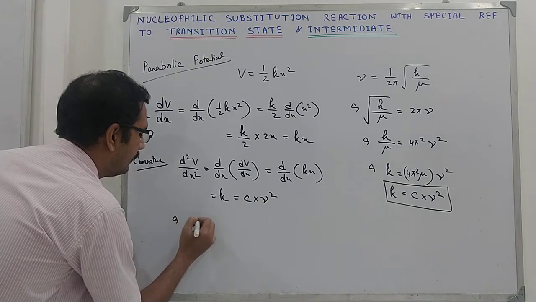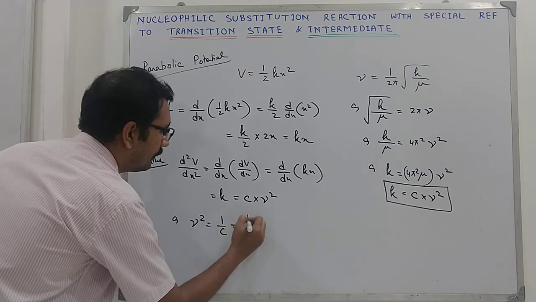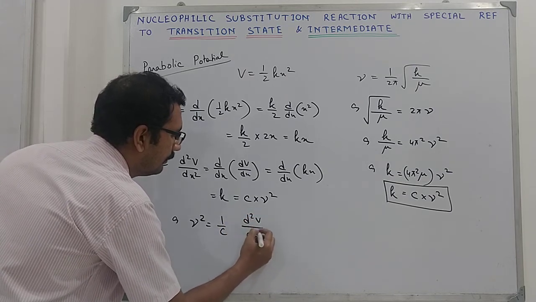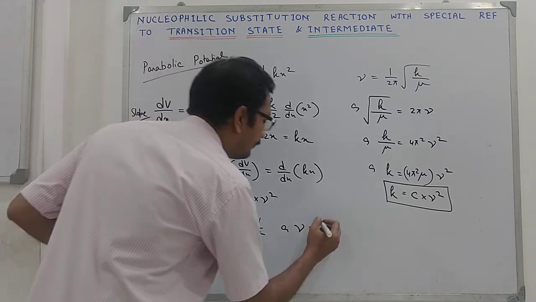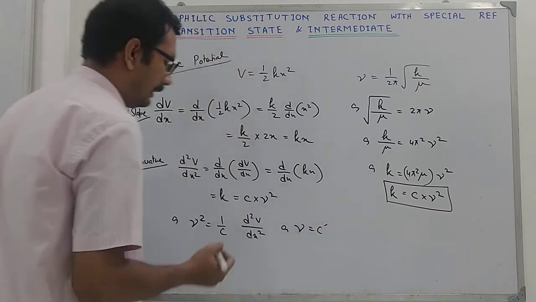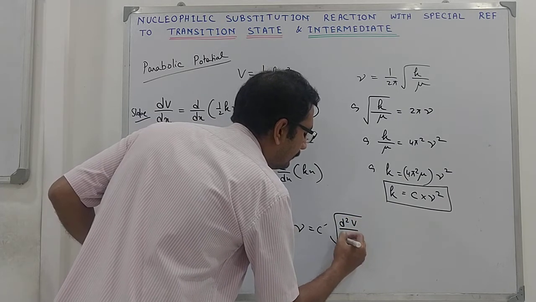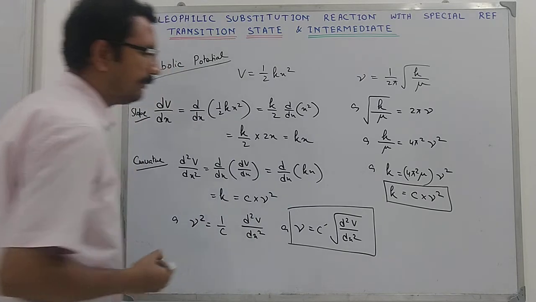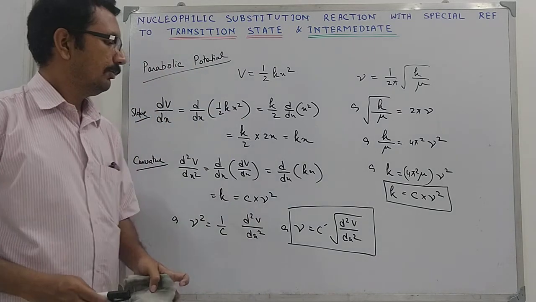So we get nu square equal to 1 by c times d2V dx2, or nu equals 1 by root c, which we put as another constant c prime, into root over d2V dx2. So this is the relation of the frequency with the curvature of a parabolic potential.